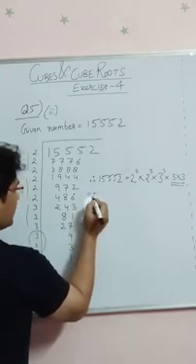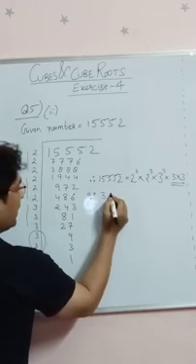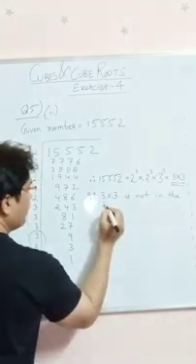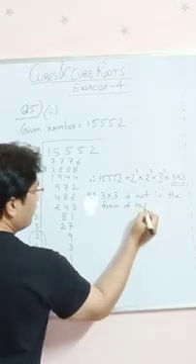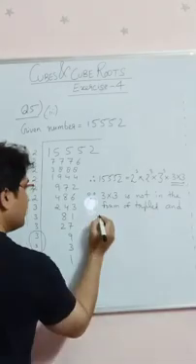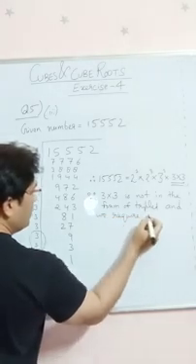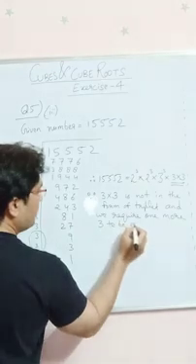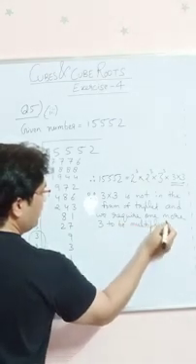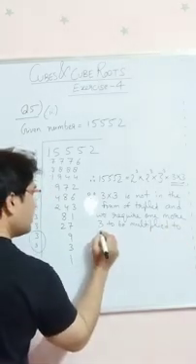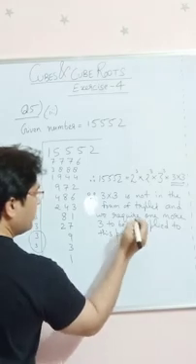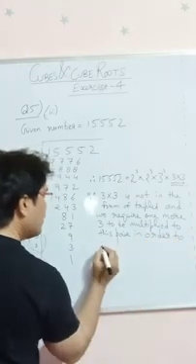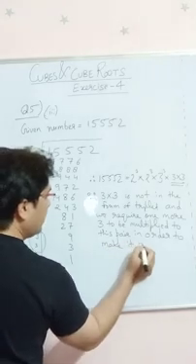So we are going to write, since 3 into 3 is not in the form of a triplet, we require one more 3 to be multiplied to this pair in order to make it a cube.